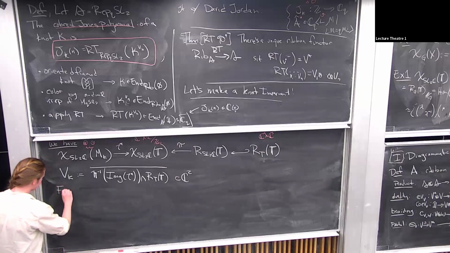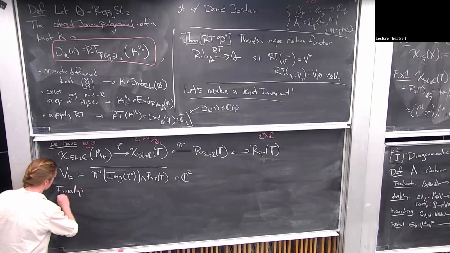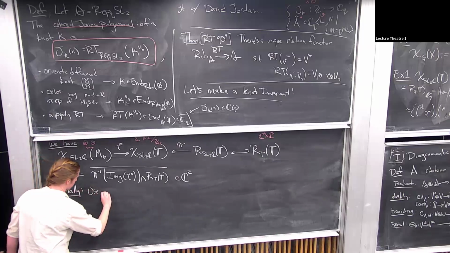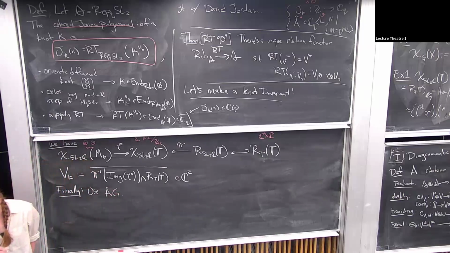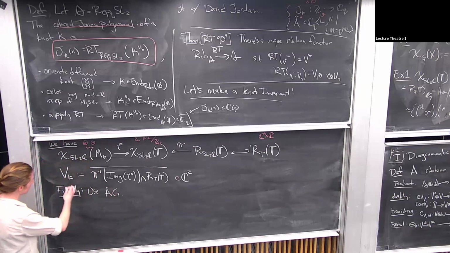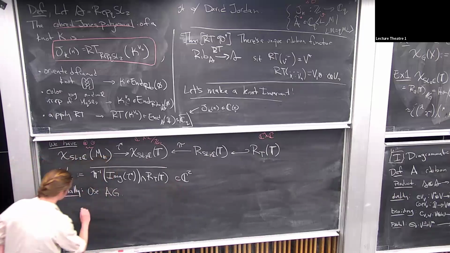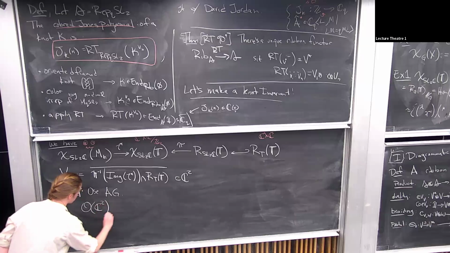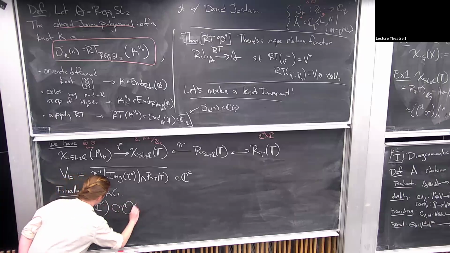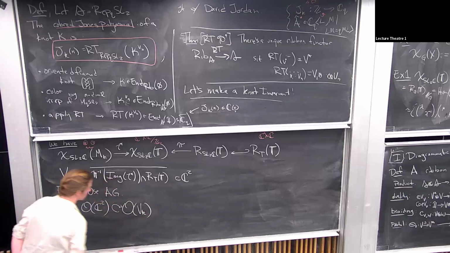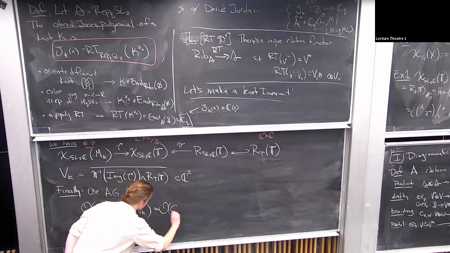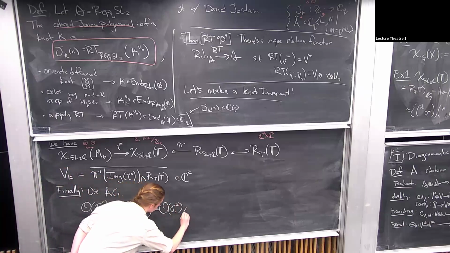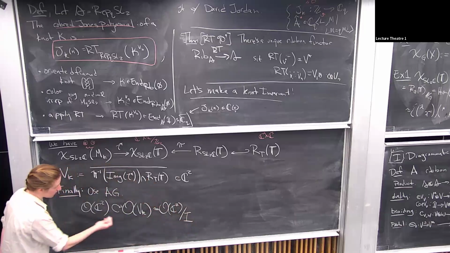So finally, I want to use some algebraic geometry to get an actual polynomial out of this. The fact that this includes in here means that the regular functions on C star act on the functions of V_K. In particular, this is going to look like this original algebra mod some ideal.